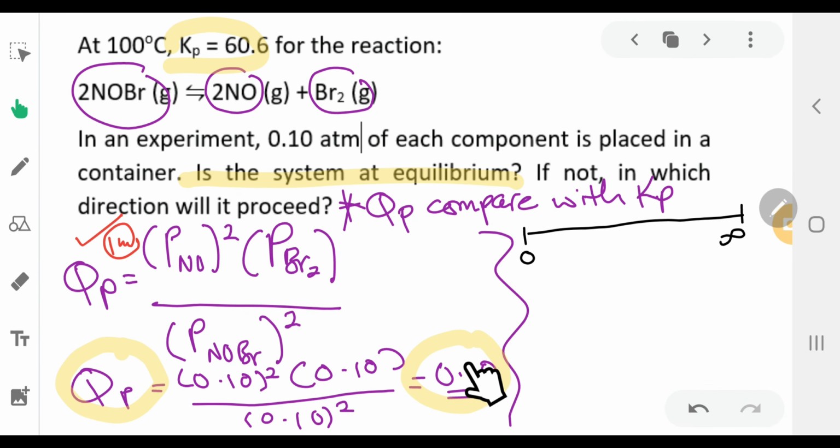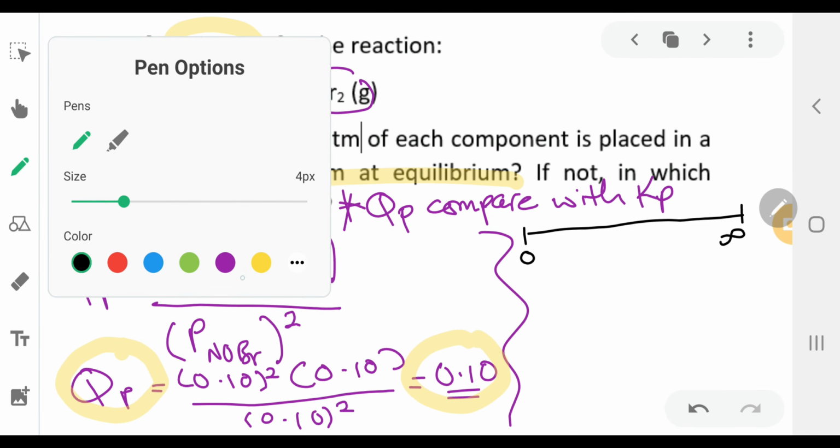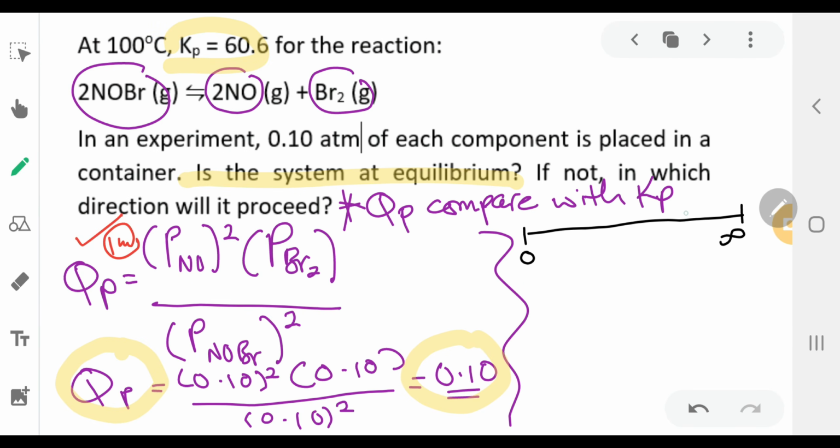As you can see, your Qp is 0.10, Kp is 60.6. Therefore, your Kp would be closer to infinity, and your Qp, so Qp is right over here, would be closer to 0.